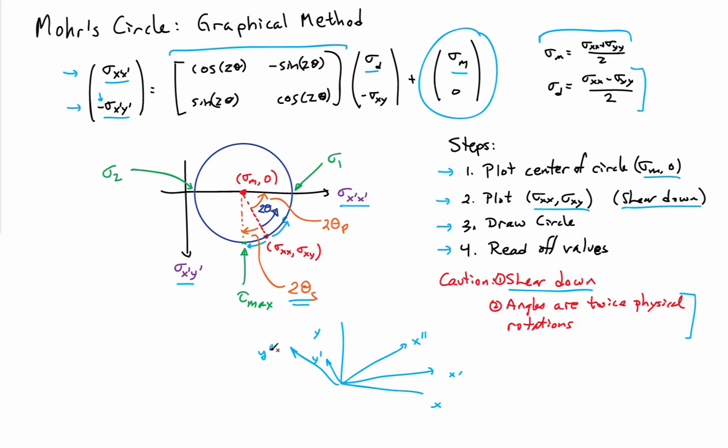For instance, I know I couldn't have a normal stress with a negative value for this setup as I've drawn it here, or I could have shear stresses way out here or way down here. I know what the maximum and minimum values are. I know what the maximum normal stress is. I know what the minimum normal stress is. So I have a bound on what can occur in the system here just by drawing this circle.